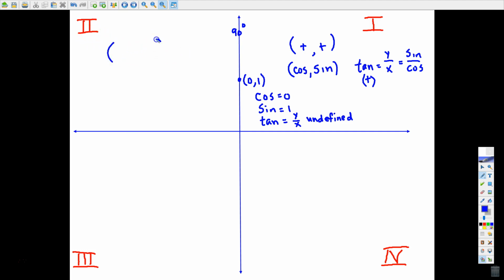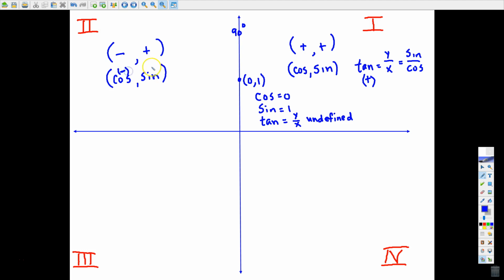In quadrant 2, if we were looking at ordered pairs, the x-coordinate would be negative and the y-coordinate would be positive. Well, just think of that when you think of cosine and sine. Cosine is negative because it corresponds to x of the ordered pair. Sine is positive.